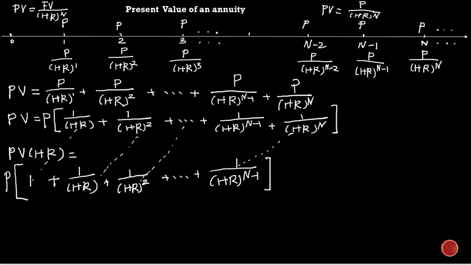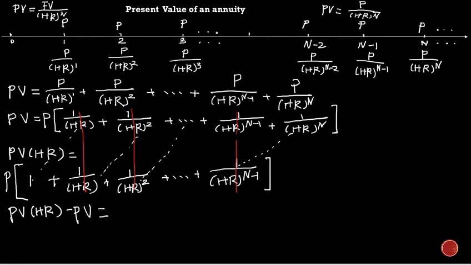This equation minus this one: PV times 1 plus R minus PV. We got 1 minus nothing, which is 1. This one and this one cancel out. This one cancels out. This one cancels out.